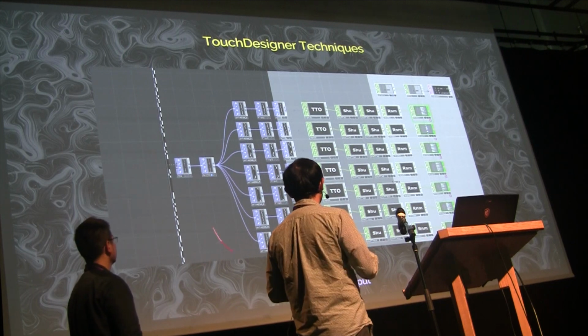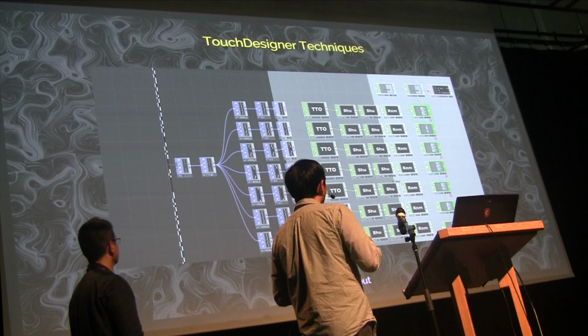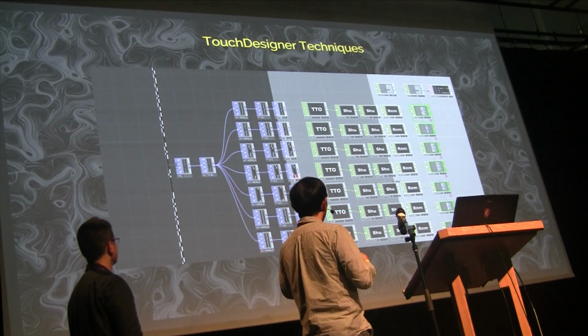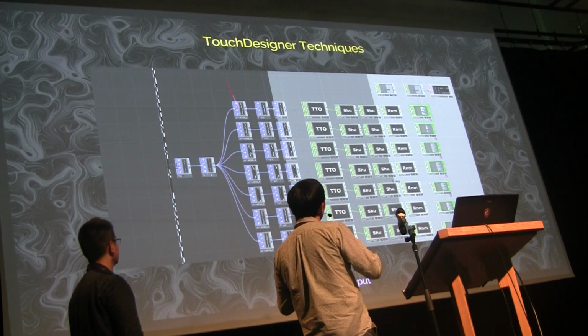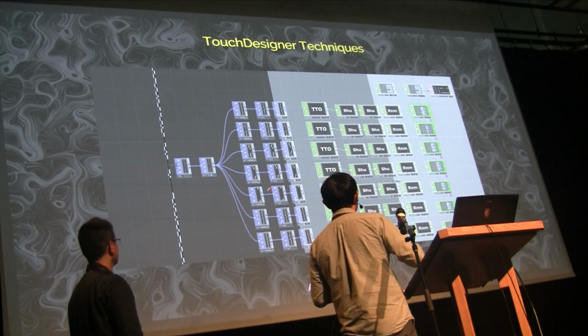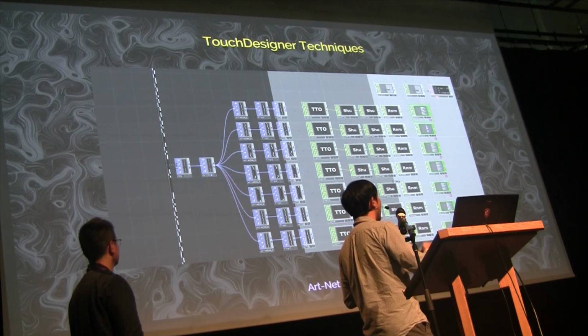So see, this is the image. You can hardly tell, because it's like the position, the speed, RGB. Each column represents one value, and then we use a TOP to CHOP, and send everything out.